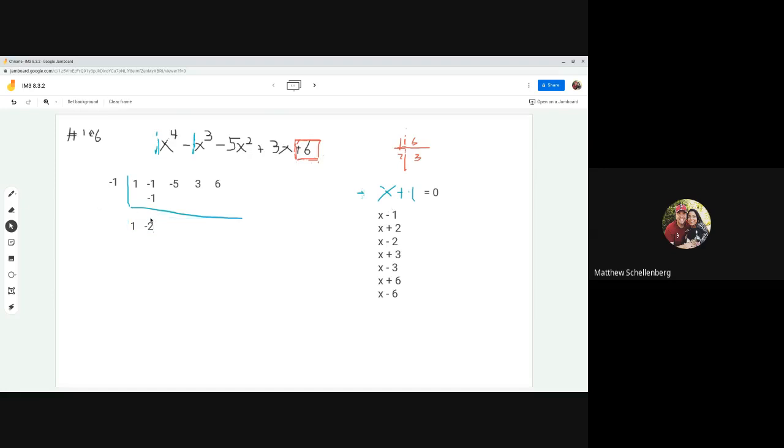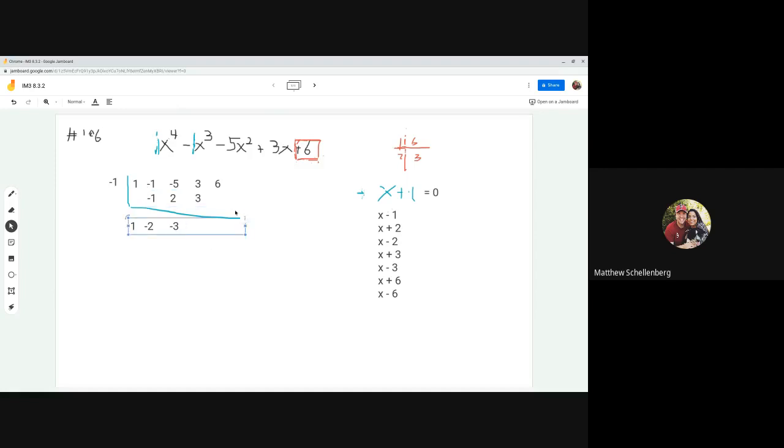-2 times -1. So now we're going to multiply again by that number. -2 times -1 is +2. So that's a 2. Then we add that up and we get -5 plus 2 is -3. And -3 times -1 is +3. So that's going to give us a 3 here.